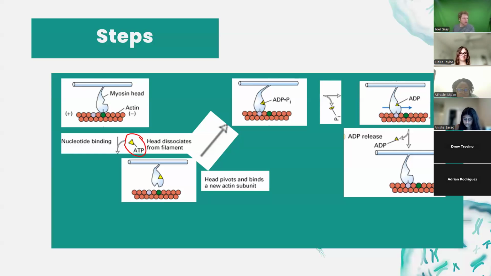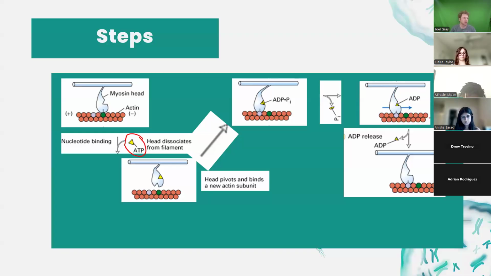The other thing that I was alluding to was actin. Whenever I bound to this new thing, being my ATP or adenosine triphosphate, I can no longer hold on to the actin filament.